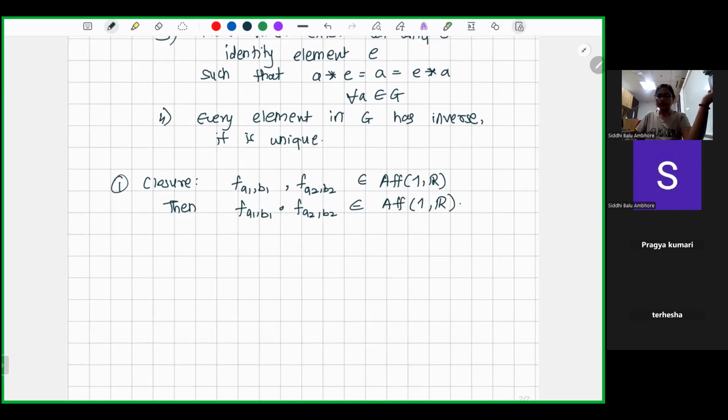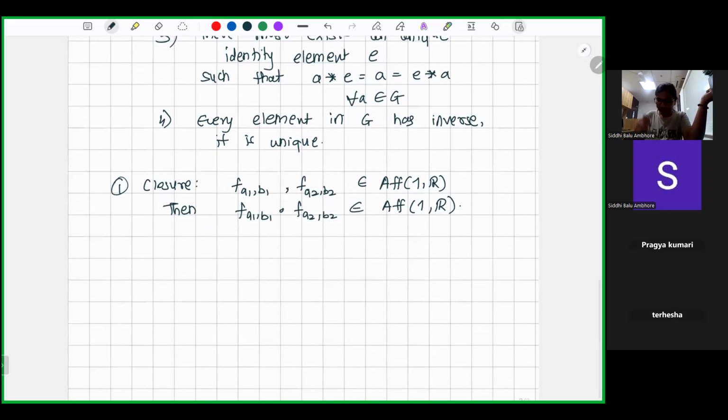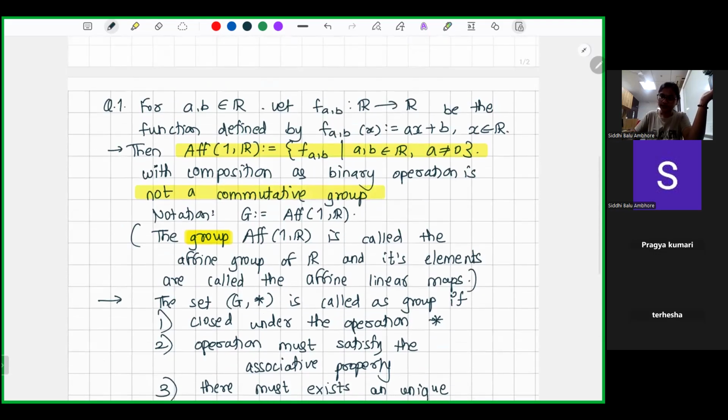Okay, and what is f_{a1,b1} composed with f_{a2,b2}? This is f_{a1,b1} applied on f_{a2,b2}. So what is f_{a2,b2}(x)? It is a2 x + b2, right? That's how we have defined this set.